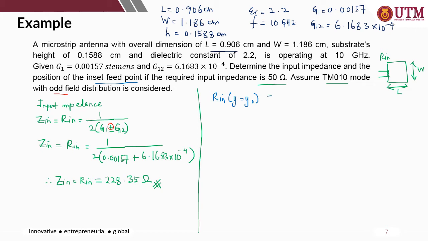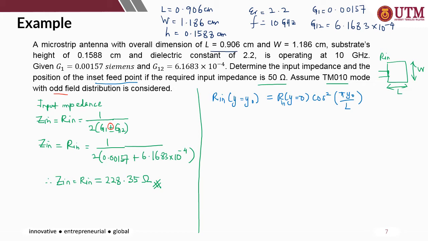So R in at Y equal to Y naught is equal to the input resistance at the edge, R in at Y equal to 0, multiplied by cos squared pi Y naught over L.